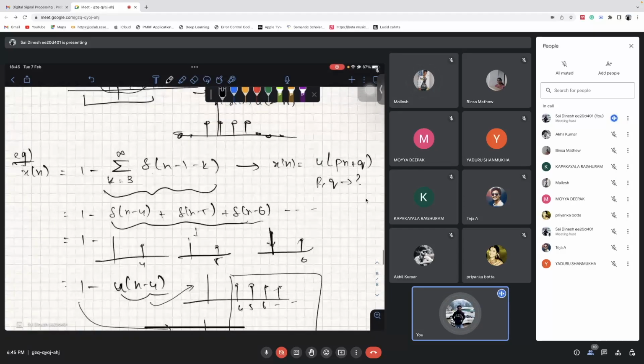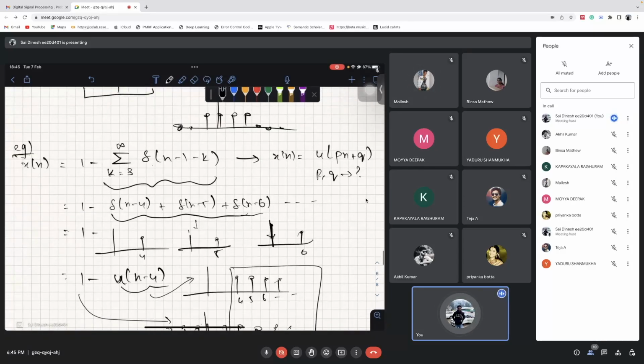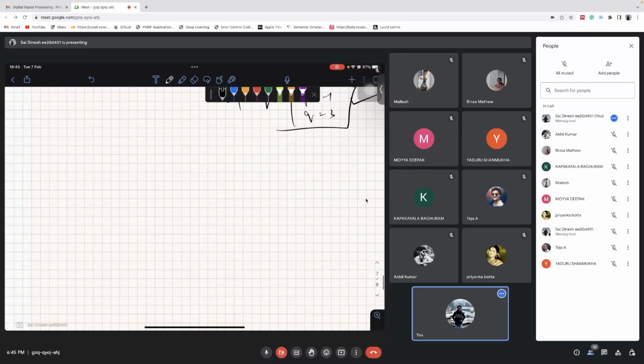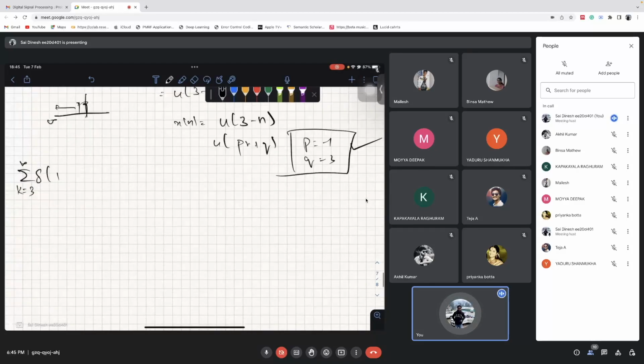Sure. So what we have is a signal, the summation over k equal to 3 to infinity of delta of n minus 1 minus k. If you put values of k here, what you have is delta of n minus 4 plus delta of n minus 5 plus delta of n minus 6 and so on. Correct?